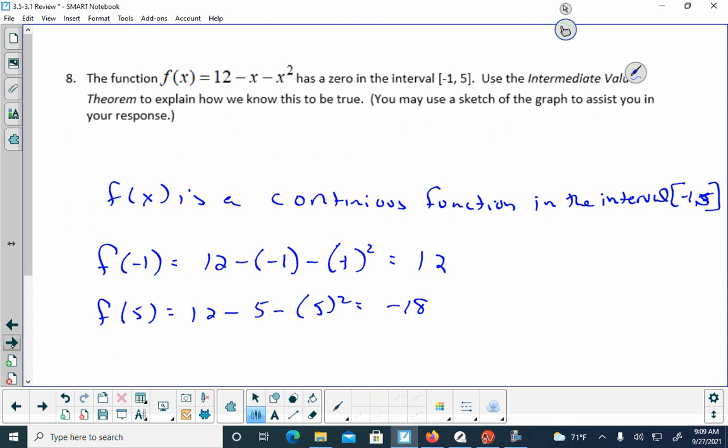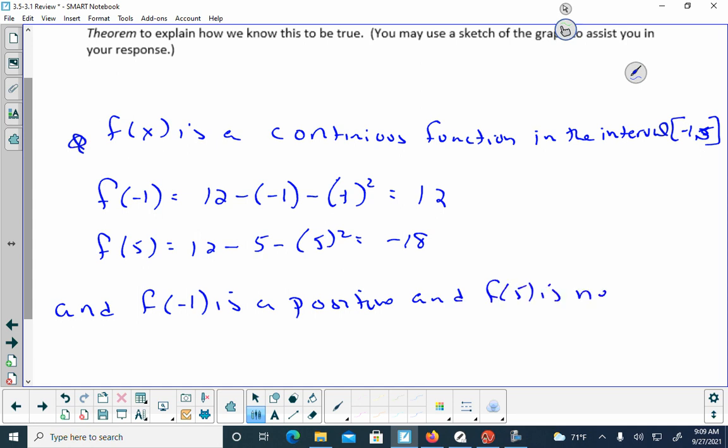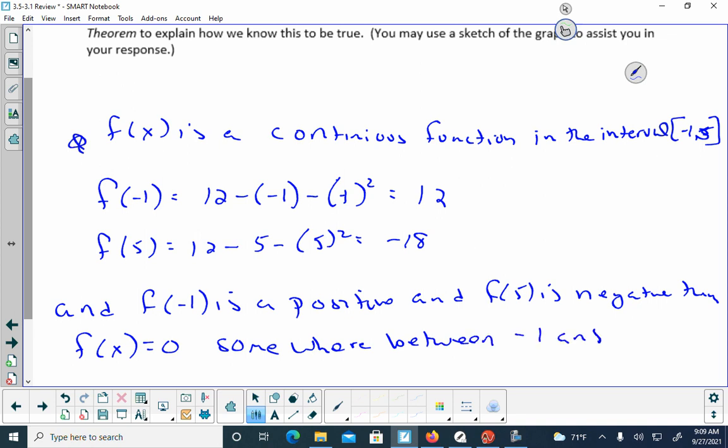So since it's a continuous function and f of negative 1 is positive and f of 5 is negative, I'm going to say: since f of x is a continuous function, which I already said, and f of negative 1 is a positive number, and f of 5 is negative, then f of x has to equal 0 somewhere between negative 1 and positive 5.